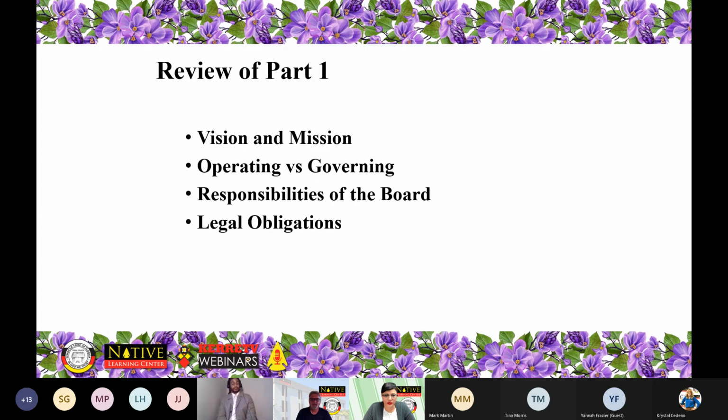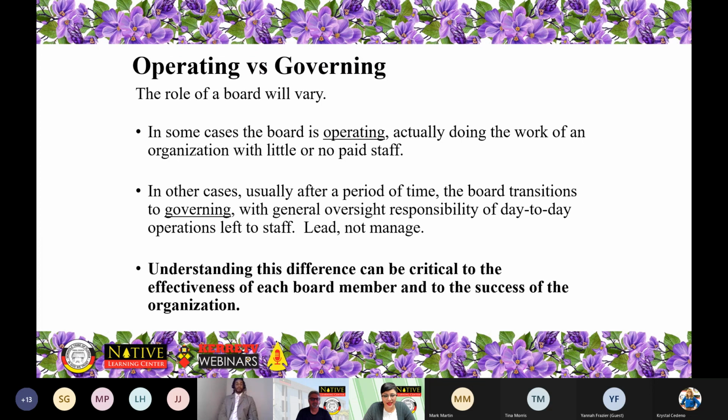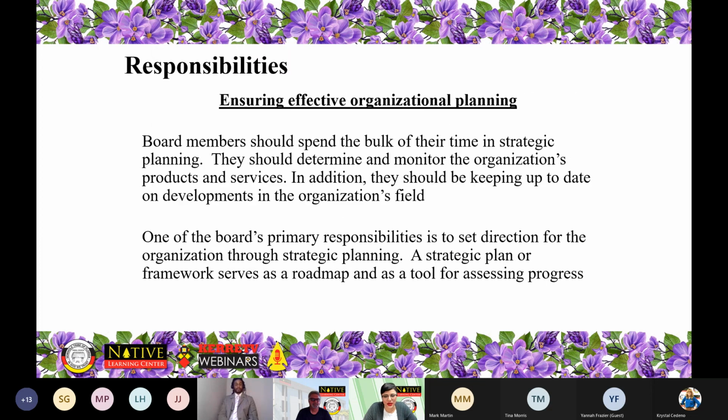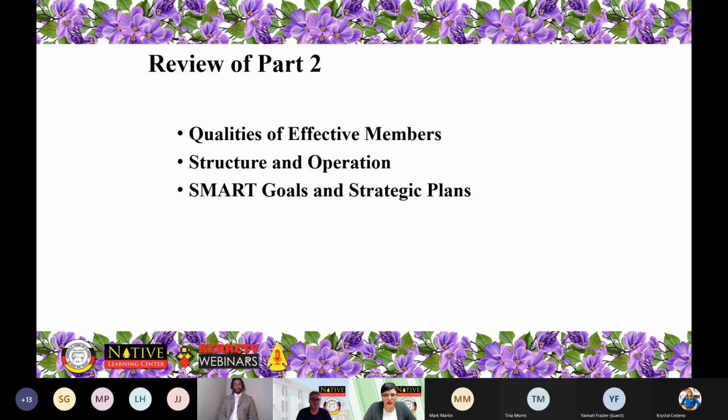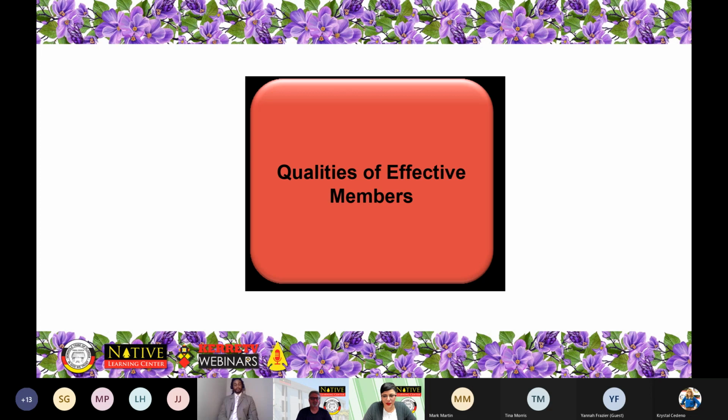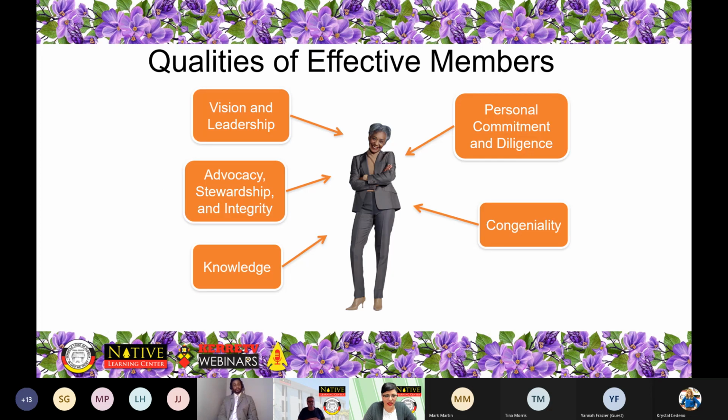I had to reload it because you weren't seeing it, so now I have to scroll back. One second, folks. We're almost there.